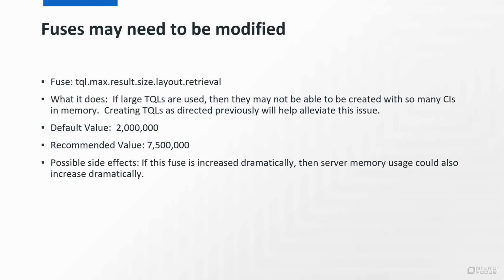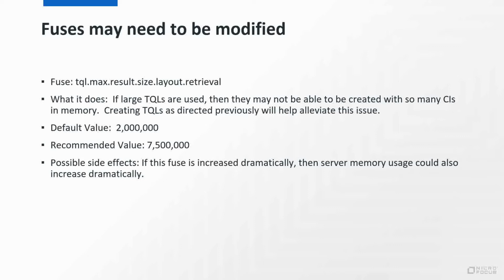Now it's important to note, once again, I've already said this, but I want to say it again to make sure that I emphasize it. Don't increase these willy-nilly. Do not just on a whim increase these values. Now what you're going to see here are default values and maximum recommended values.